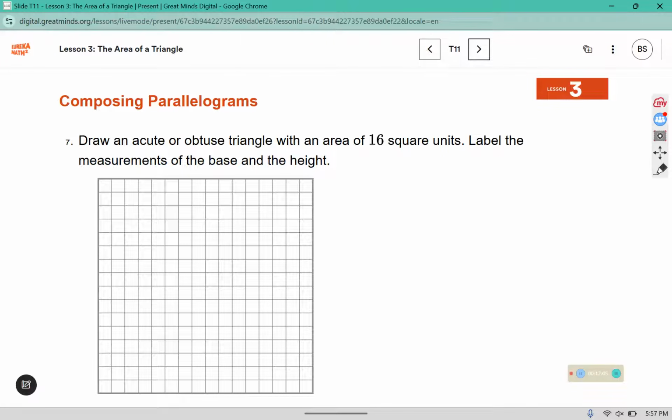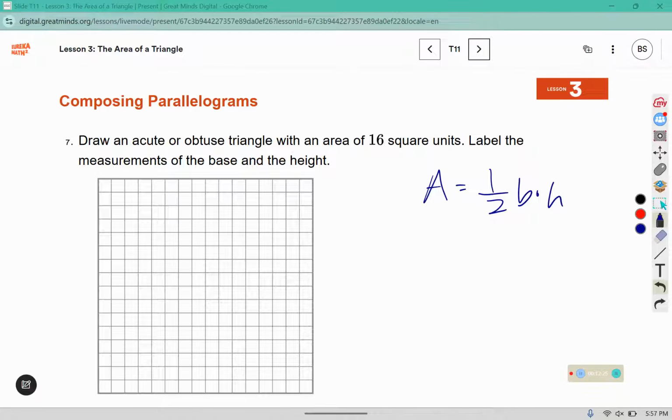Draw an acute or obtuse triangle with an area of 16 square units. Label the measurements of the base and the height. So remember, when we do the area of a triangle, it is half of the base times the height.